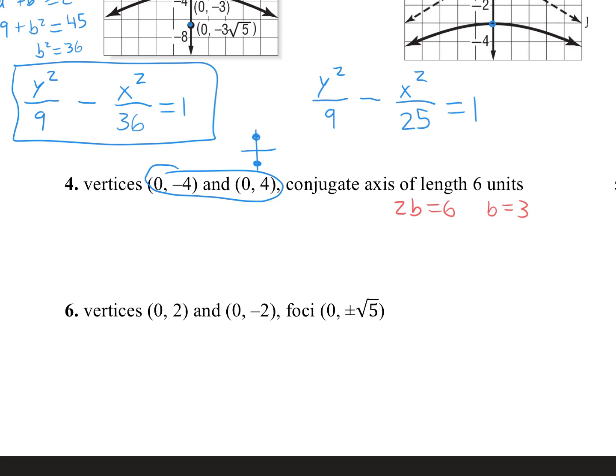So it's vertical, centered at 0, 0. We start with y squared over something minus x squared over something equals 1. We already found that b was 3, so this is 9. From 0, 0 to either of those vertices is 4, so we square that to get 16.